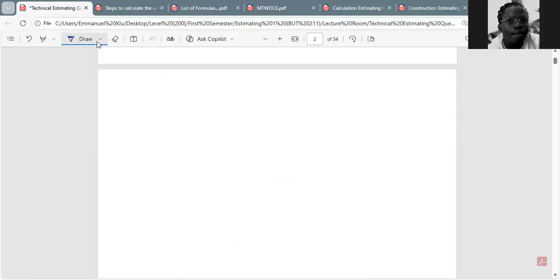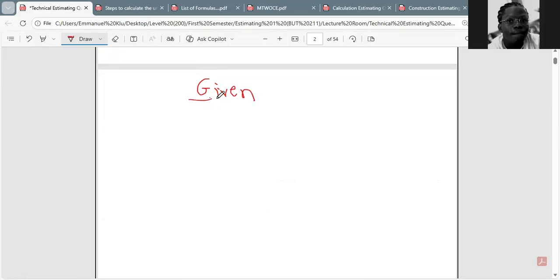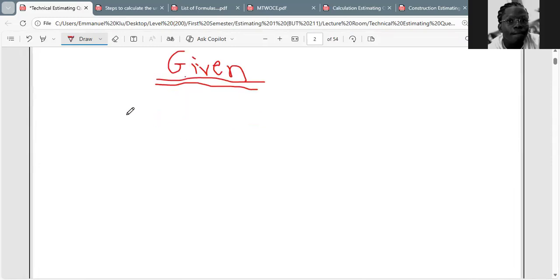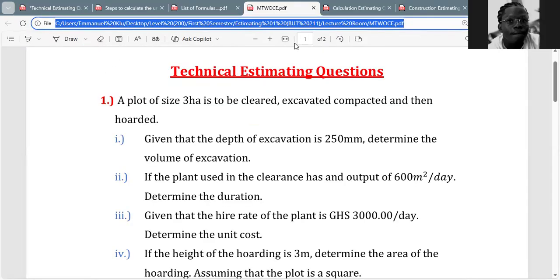So our given. We are having a plot of size 3 hectares is to be cleared. So let's say that the total quantity or the area is 3 hectares.